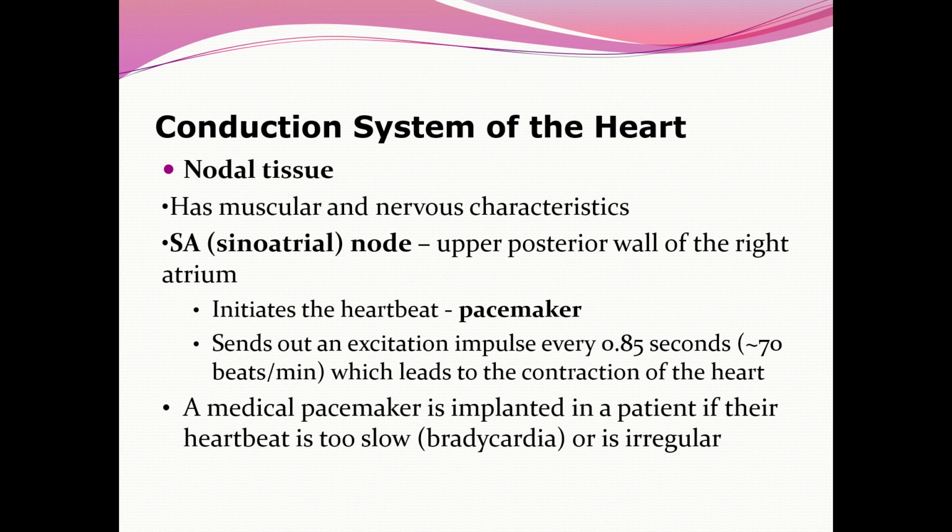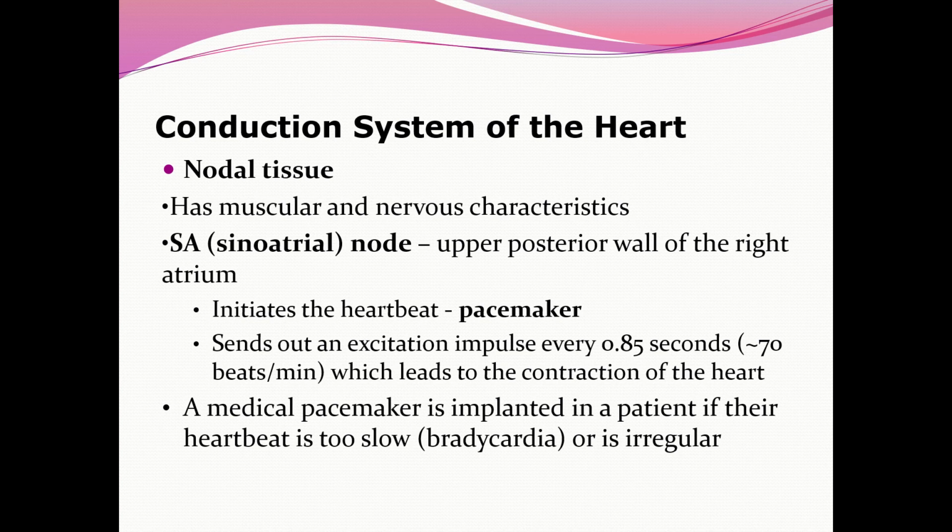The nodal tissue is going to be the conduction tissue, and it has muscular and nervous characteristics. The first node is the sinoatrial node, or SA node. It's located in the upper posterior wall of the right atrium. This initiates the heartbeat, and so the SA node is your pacemaker.